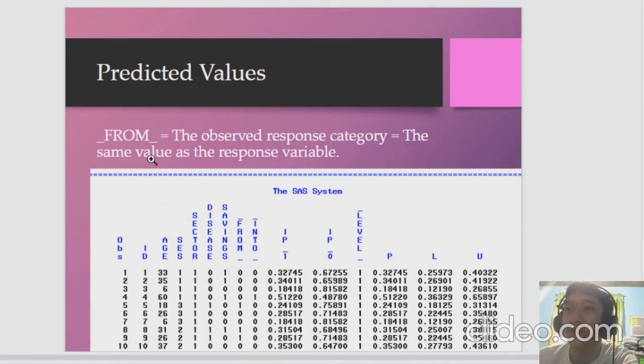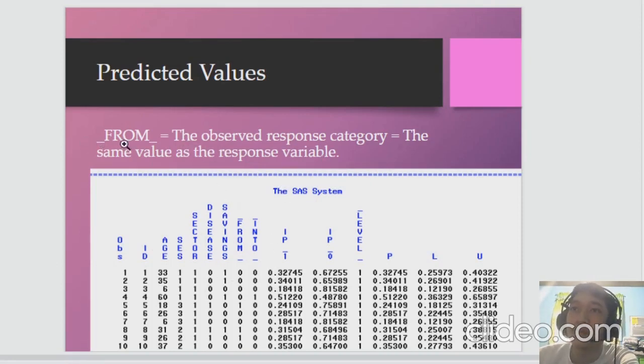Predicted values from the observed response category equal the same value as the response variable. This is the second table example of the SAS system.